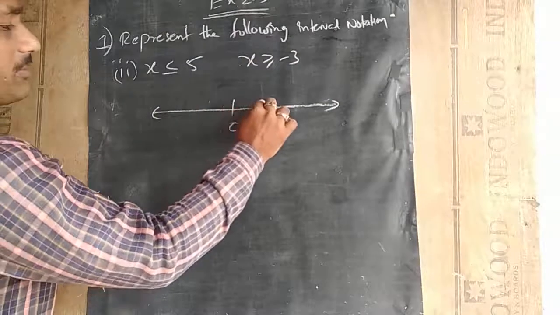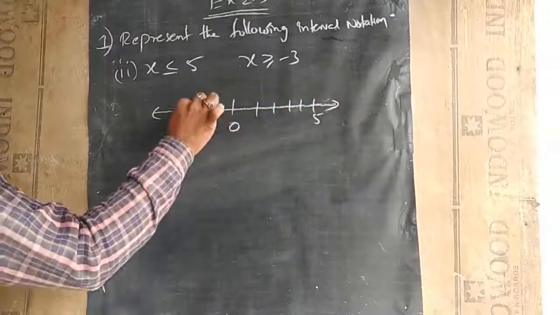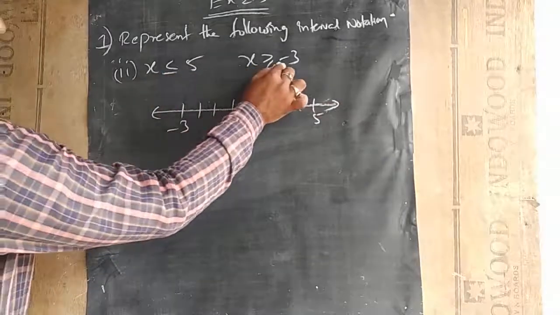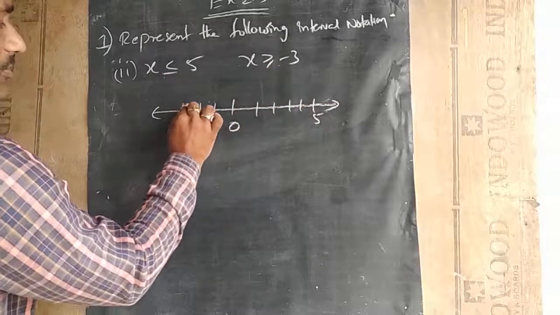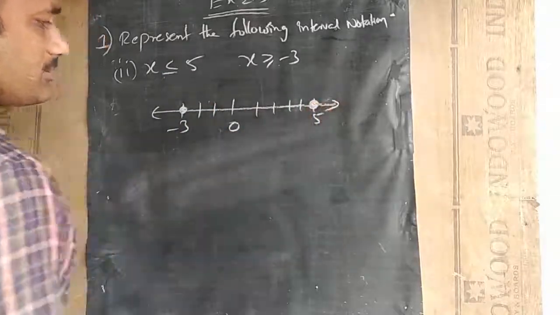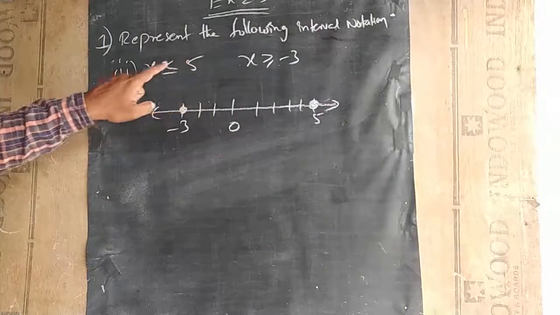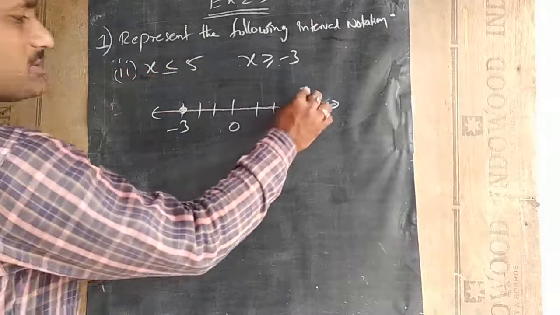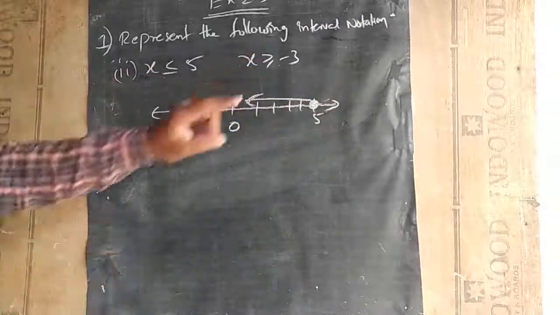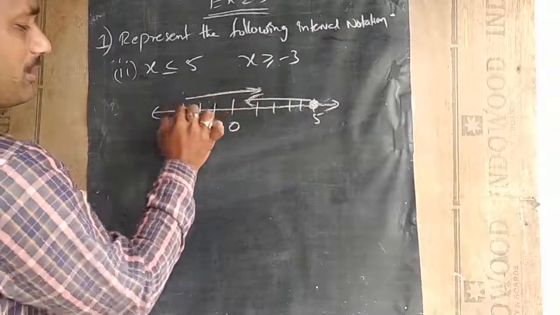Five and minus 3. 1, 2, 3, 4, 5. 1, 2, 3, minus 3. Okay. So both have equal to symbols, so we have represented them with the closed circle. Fine. Now x less than or equal to 5 means this total area, these total values. And x greater than or equal to minus 3 means these total values.